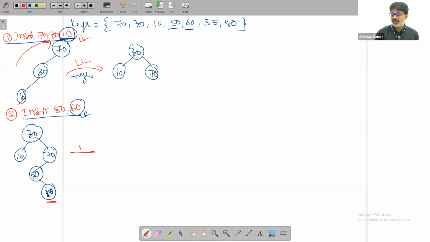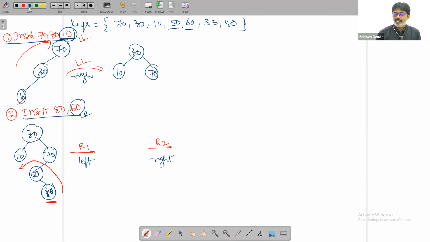First rotation R1 and second rotation R2. First rotation is left, then right. LR. First do left side, then do right side. So left side means what I have to do first? First I have to do left side. This side.